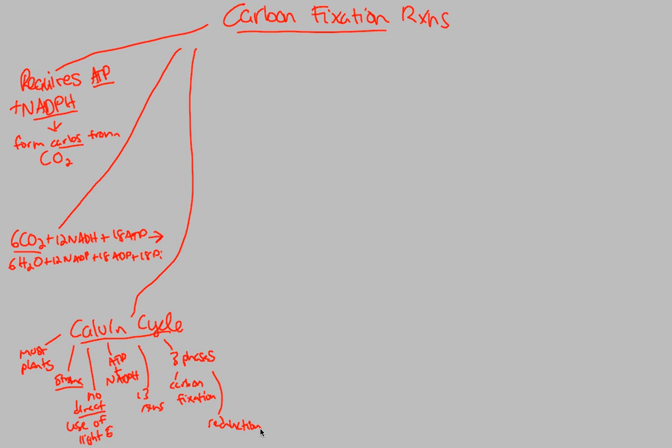And then the last phase is called RuBP regeneration, not Rutgers. I'm just going to write regen to save space, because we're going to draw a nice big cycle here. So what we're going to first do is carbon fixation. That's our first step. Imagine I start with CO2. That's what we start with.